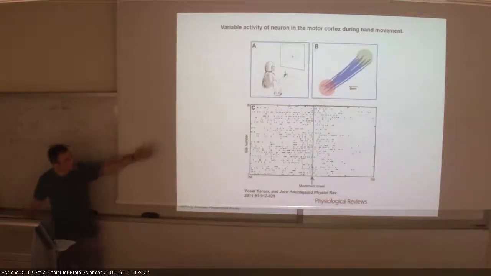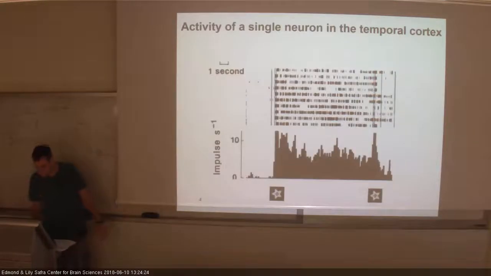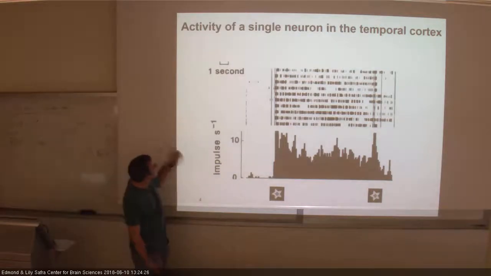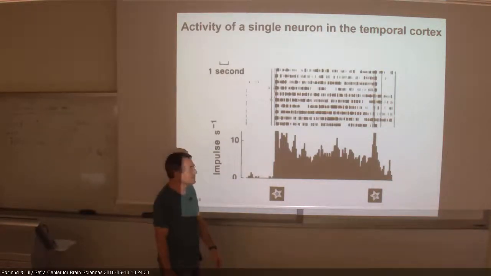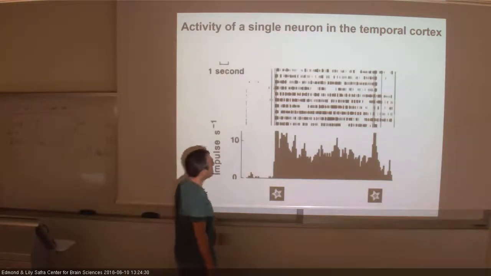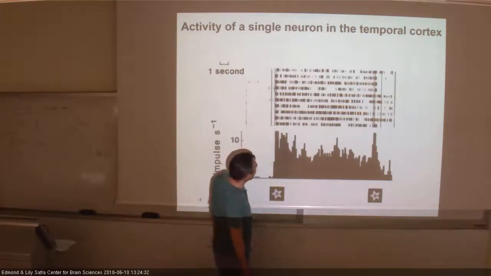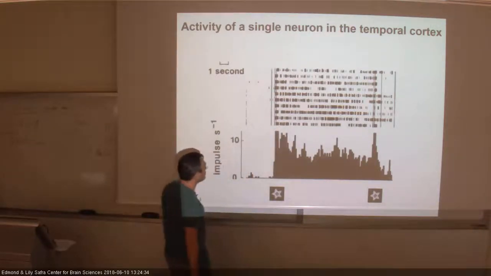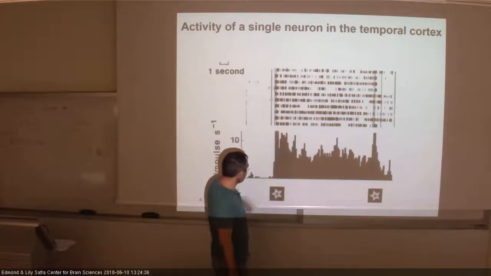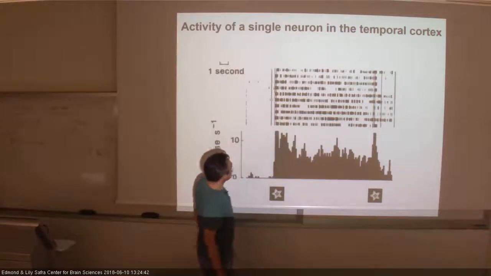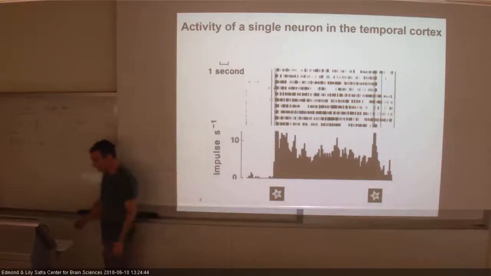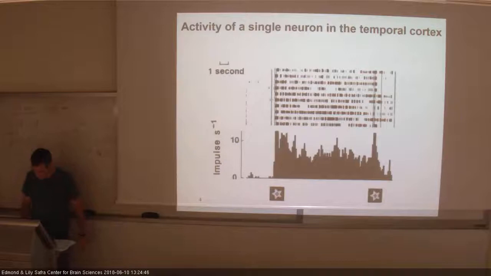Just more examples. This is again going back to the 1980s. These are experiments in the temporal cortex in which a monkey is trained to memorize a pattern, and these are repetitions of the same pattern, and again activity is stochastic.